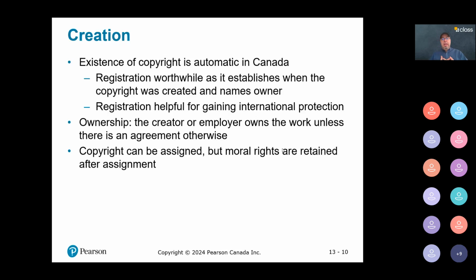So as an employee, unless you agree in the employment agreement that any copyright created belongs to you, the copyright belongs to the employer because they are paying you to do that, because you're using the employer's resources. So that's why it belongs to the employer.